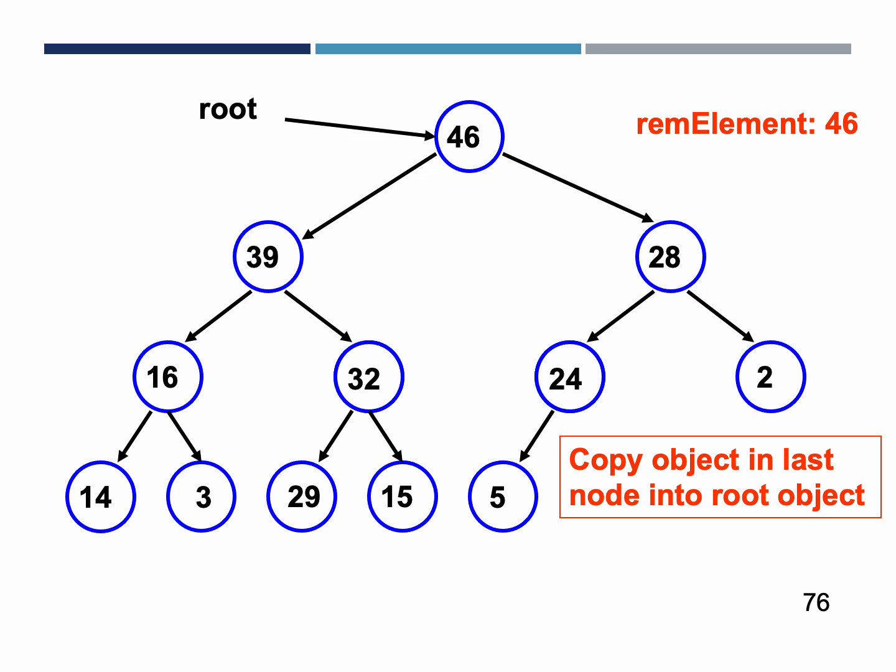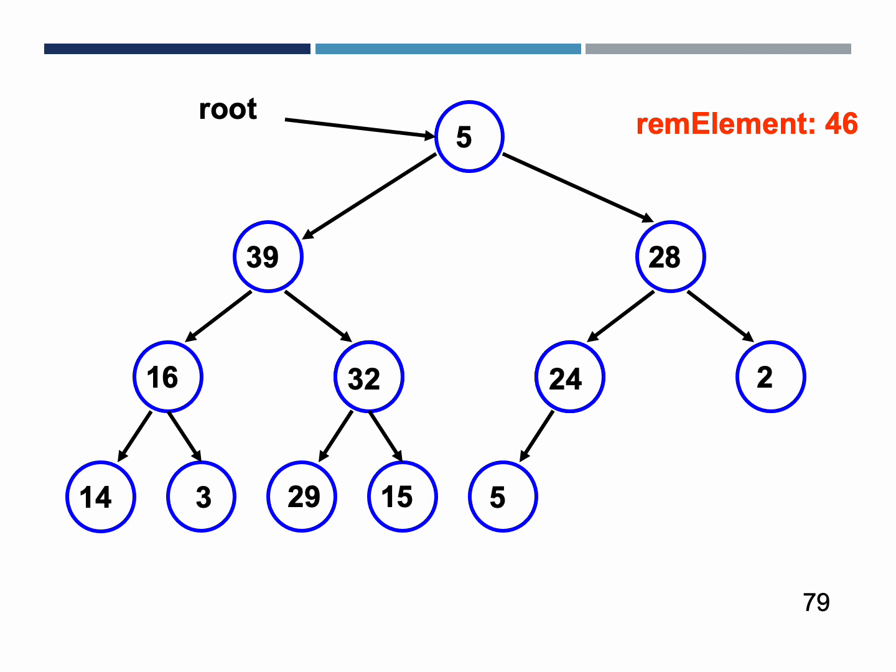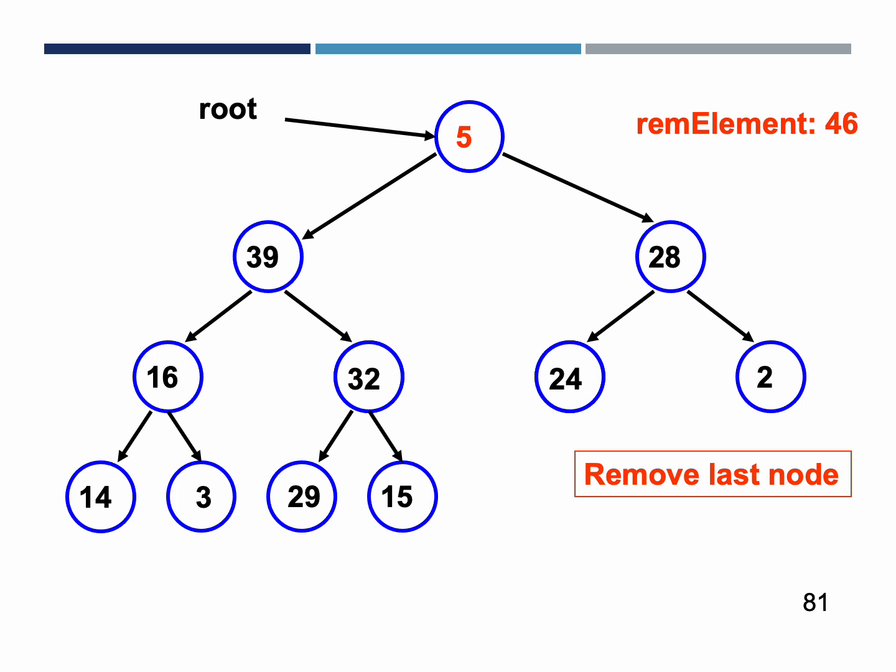Now copy the object in the last node into the root object. 5 is the last node, so we are copying 5 into the root object. So now the root is 5. Now we will remove the last node, which is 5, so 5 is gone.